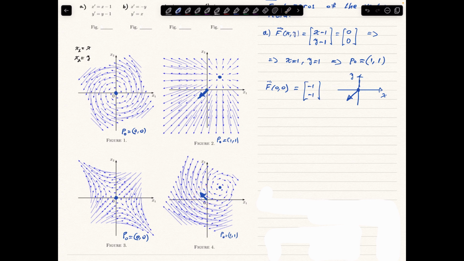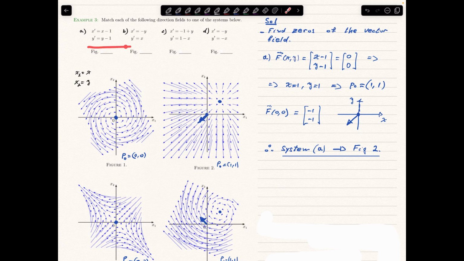Perfect. So therefore we conclude that system A has to be the one in figure 2. That's it. With a couple of evaluations at cleverly chosen points, you can determine, given a system of equations, what is the corresponding vector field.